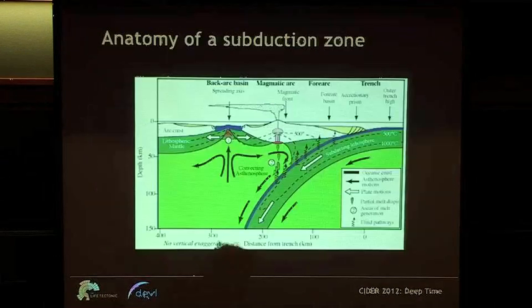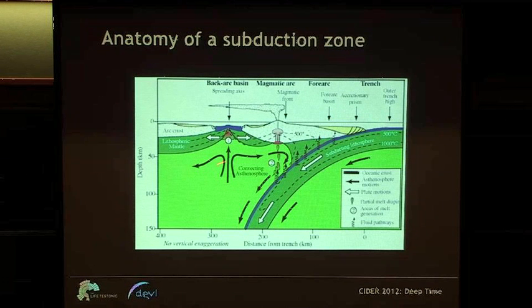So we'll go into a very basic introduction, so people understand some of these terminologies. And this is to scale. So you have a subducting lithosphere, and this is a good picture. The mantle's green, it's olivine up here. Also, this doesn't have a straight dip angle.